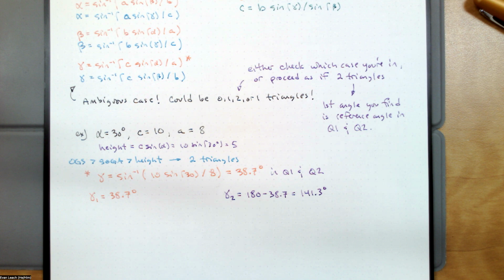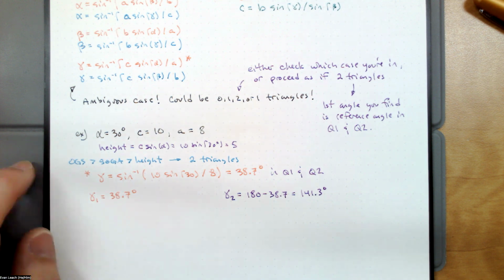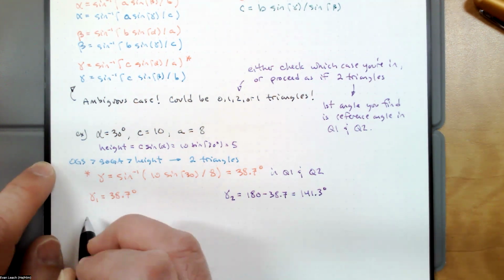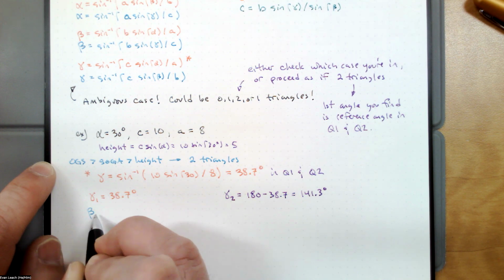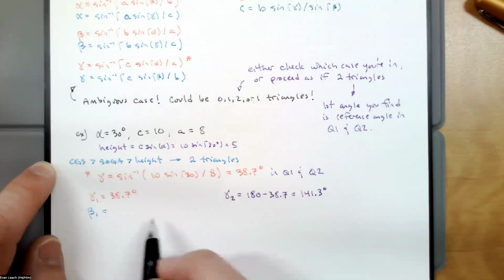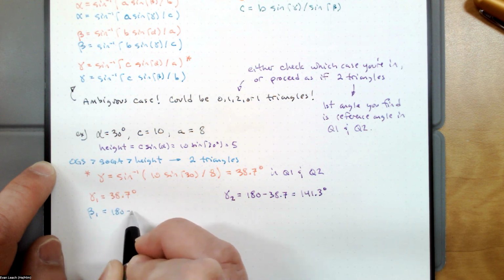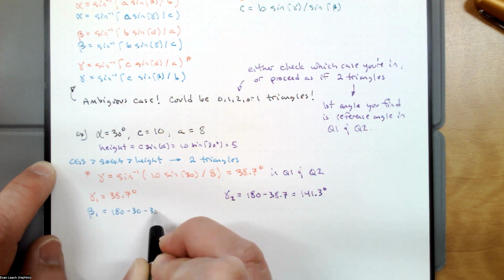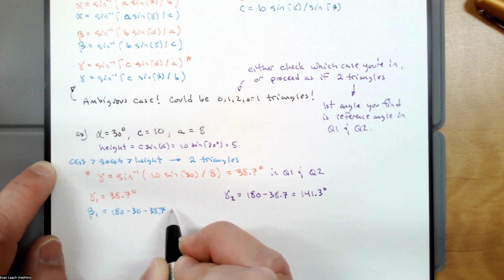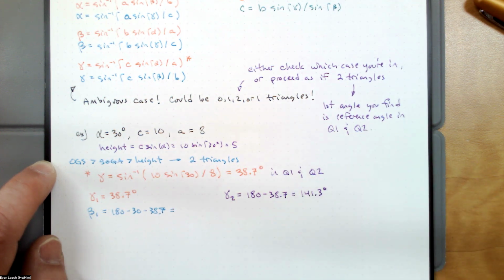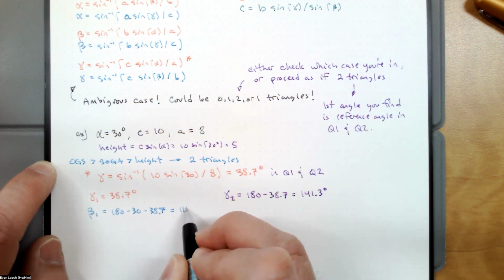Now that I have alpha and gamma, two versions of gamma, I can calculate two versions of beta. Once we have two angles, we can subtract to find the third angle. Over on this side, I can calculate beta. I'll call it beta 1, because I have two of them. It's going to be 180 minus 30 minus 38.7, 111.3.